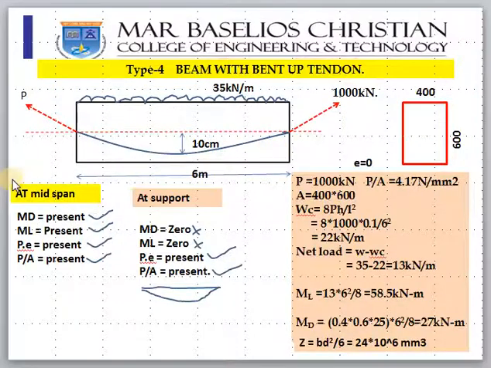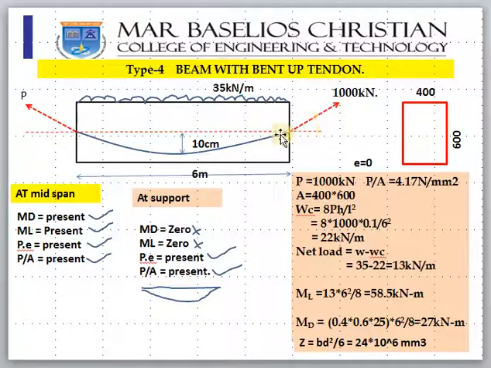So let us see what things will come at midspan and what things will come at support. Let us see the case at midspan. At midspan, you know that there will be a bending moment due to the dead load. The bending moment due to live load will also be there. And if there is an eccentricity, then the moment P into E will also be there.